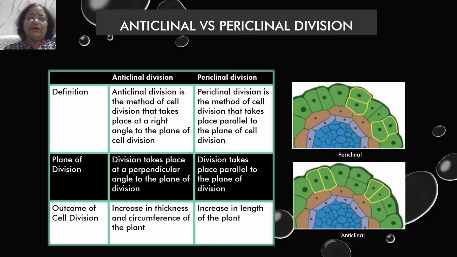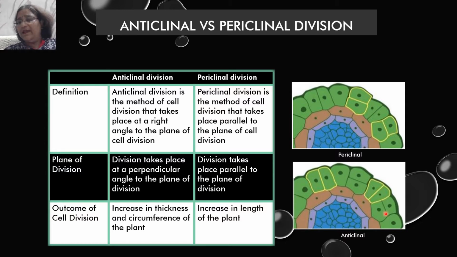Before going to the theories of shoot apical meristem, the important thing is that we should understand what is the anticlinal division and what is the periclinal division. This is the anticlinal division. In anticlinal division, you can see that the division is at right angle to the plane of the cell. Because of this division, the number of cells per layer increases.